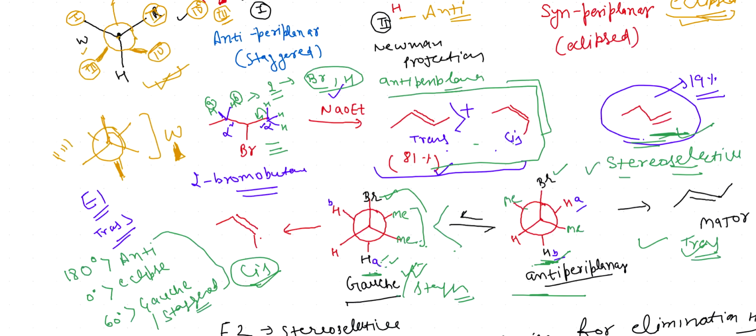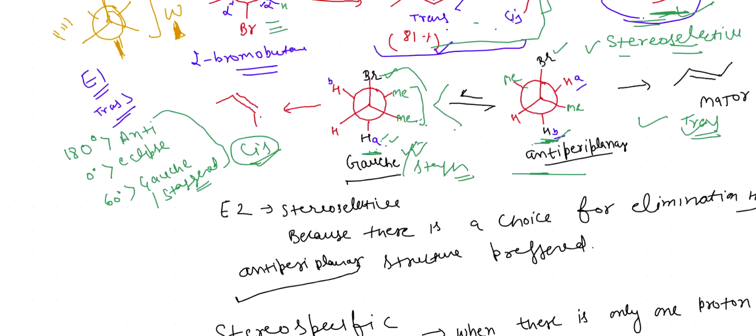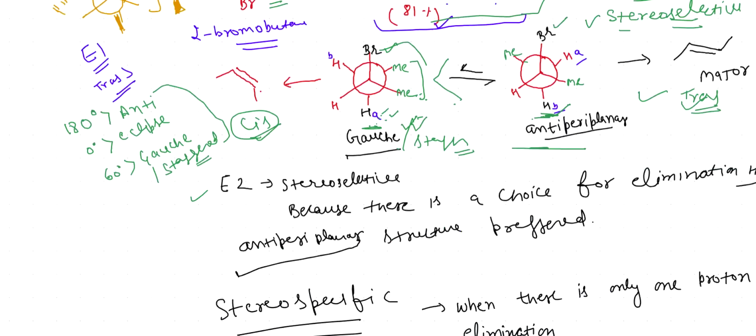So E2 reactions can be stereoselective like E1, but their mechanism is different. As you know, I have already discussed the mechanism with you. Because there is a choice of two hydrogens that can be abstracted from the alpha carbon, that's why here E2 is stereoselective in nature.